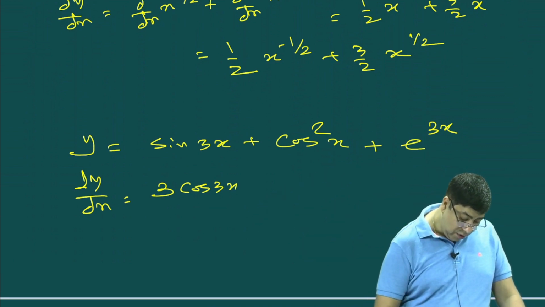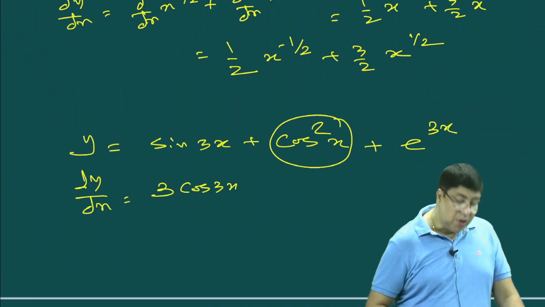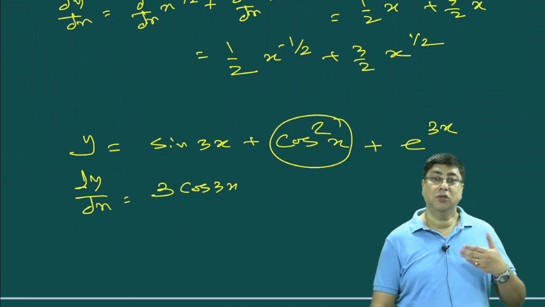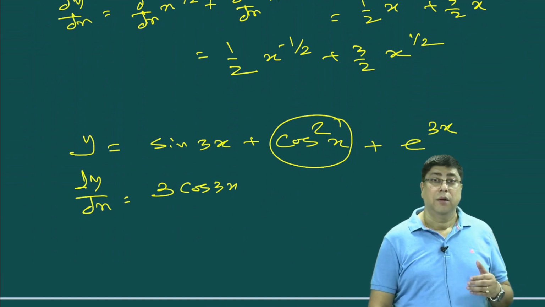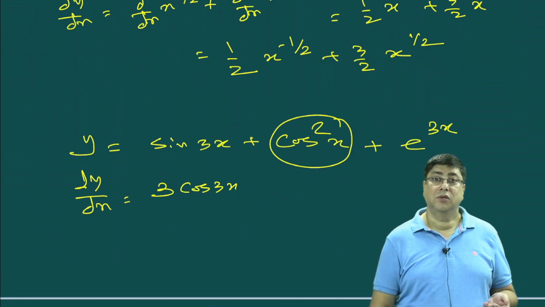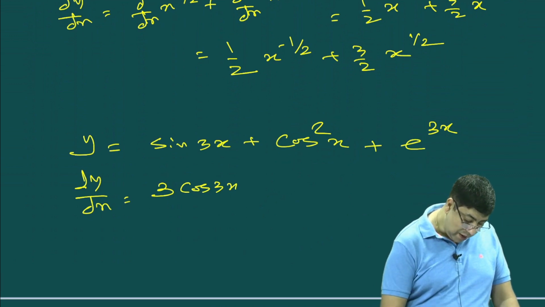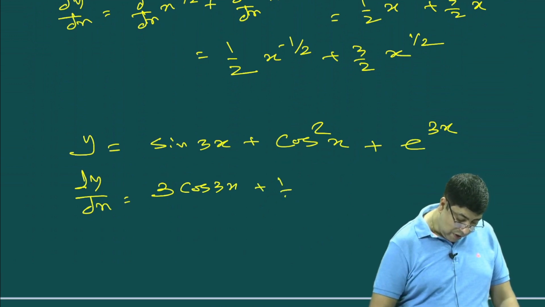But how will you do this for cos square x? Let's convert this cos square x to the multiple angle. If we multiply by half, 2 cos square x is 1 plus cos 2x.